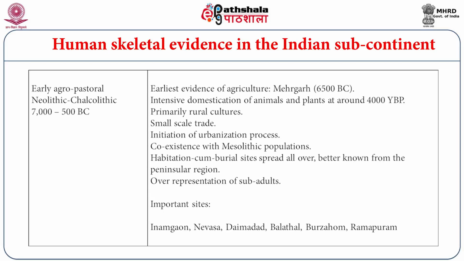The earliest evidence for agriculture in the Indian subcontinent is found at Mehrgarh, which is now in Pakistan. And intensive evidence for domestication of animals and plants is found all across India, and generally the evidence continues up to 4000 years BP. Many of these sites are mainly rural settlements.